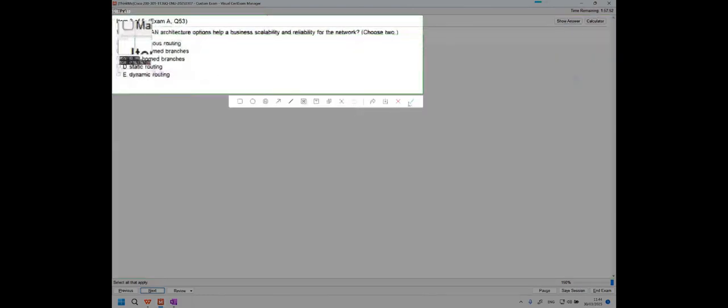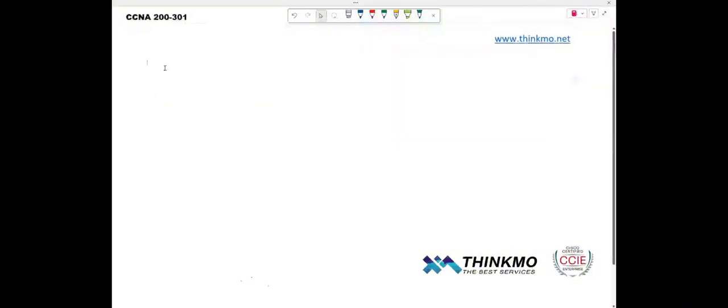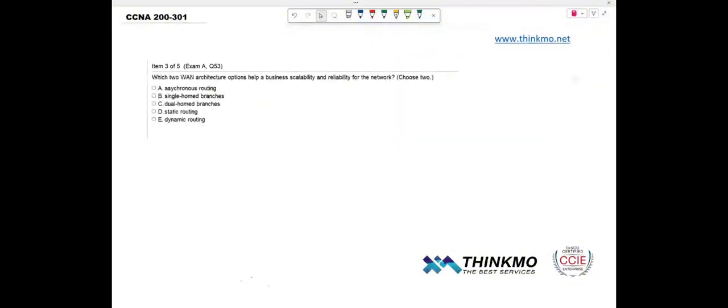The multiple choice question asks us to select 2 correct answers. It asks which 2 WAN structures contribute to the scalability and reliability of enterprise networks. First, asynchronous routing, this is wrong. Then, single-homed access is this kind of structure.